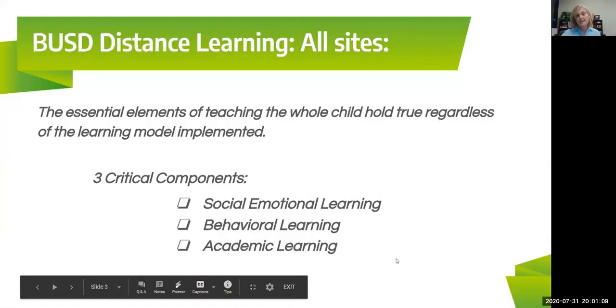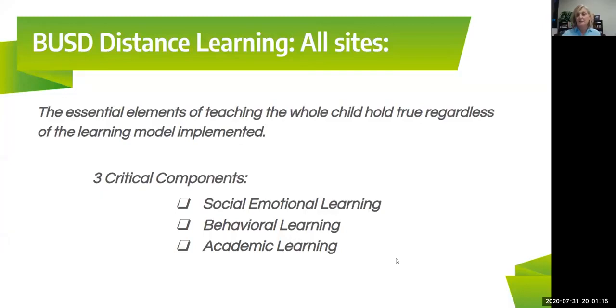So the first thing that I want to share is that there are essential elements of instruction. I have to keep moving myself out of the way so I can read my slides. The essential elements of teaching the whole child hold true regardless of the learning model implemented, whether you're in distance learning, a hybrid model, or in seat.